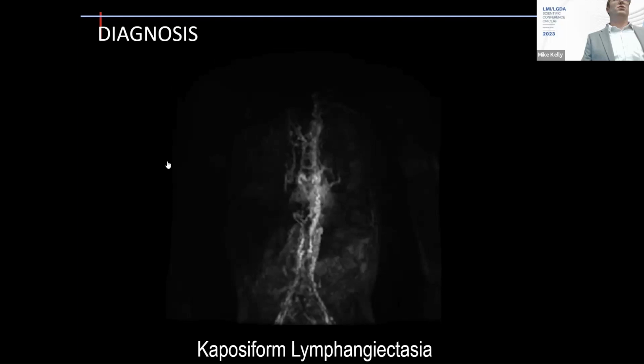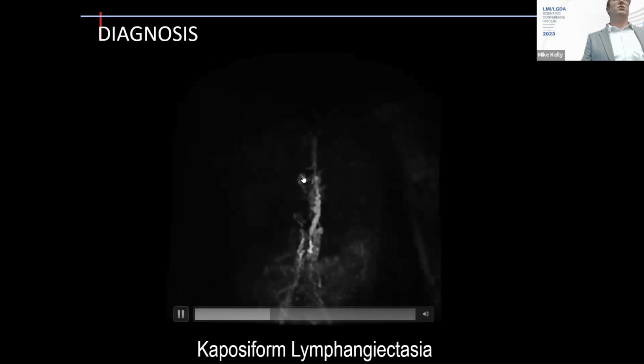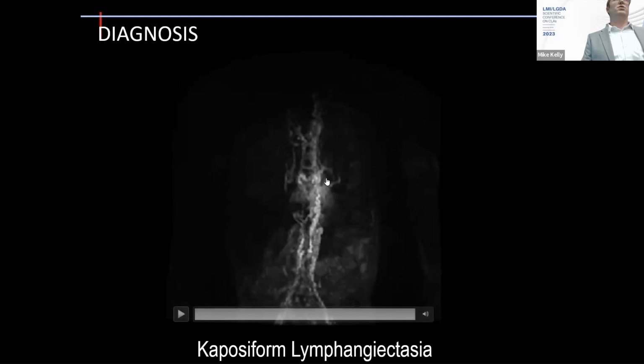And so this is what you can see here. You see these dilated, extremely ectatic, disorganized trunks of lymphatic fluid going forward, and then also going out into where it shouldn't go, retrograde into the lung, retrograde into the mediastinum.